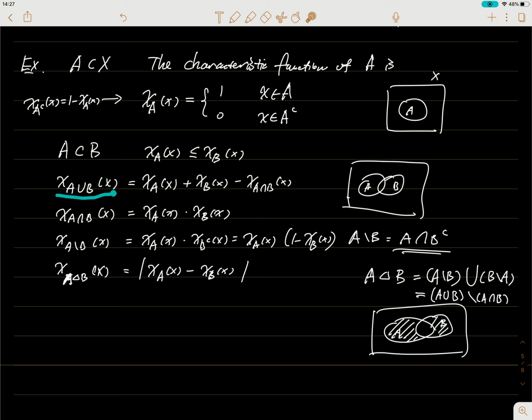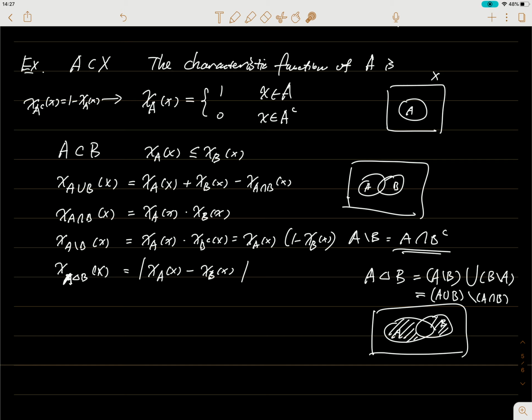And then let's say the characteristic function of the union of A and B. If this is X, A is here, B is here, the union of A and B will be just this area. The characteristic function means that you take value 1 here and take value 0 outside.